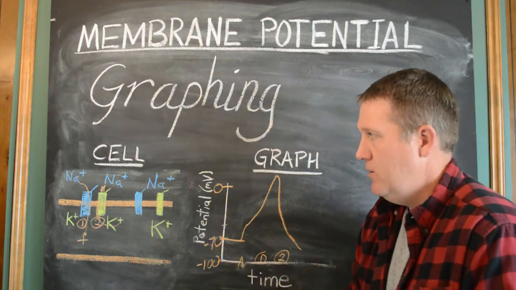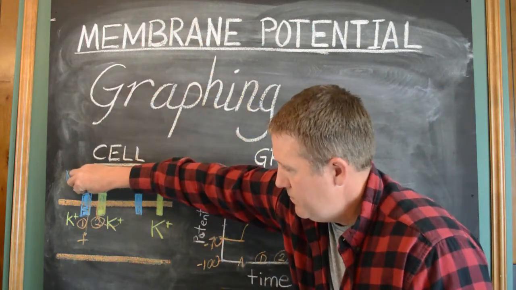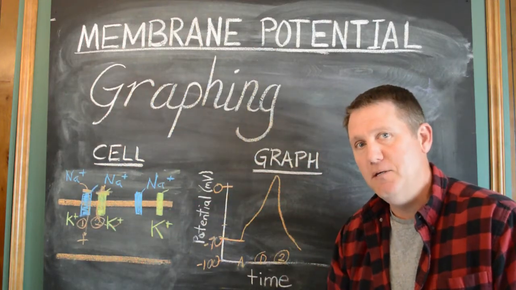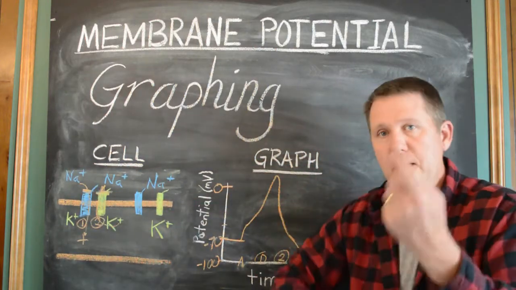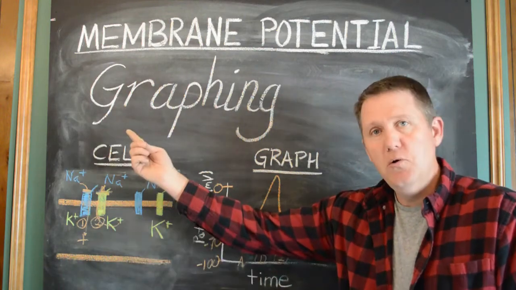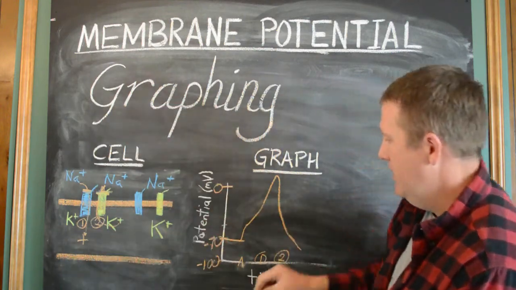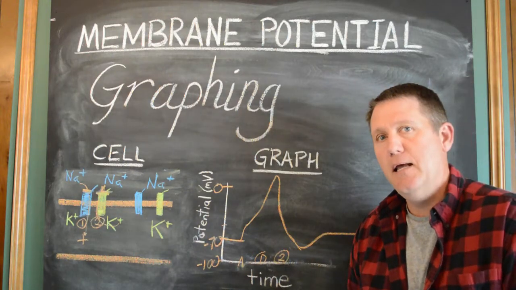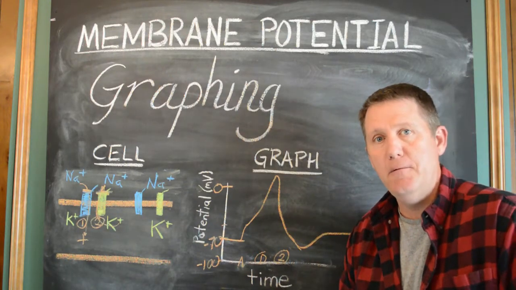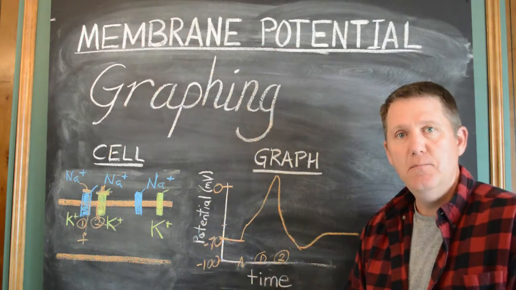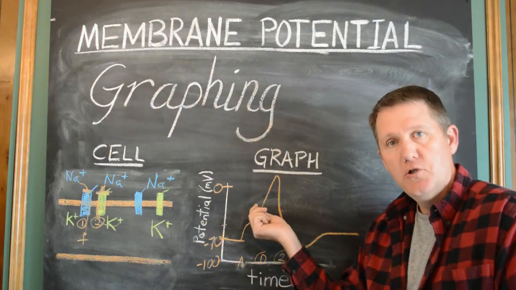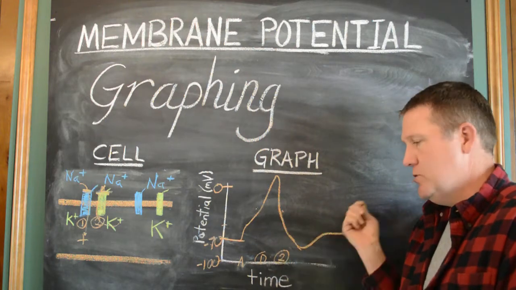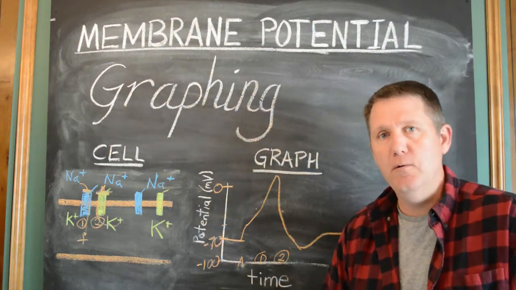Once they're back down here, these close up again, and now the sodium-potassium pump has to start pumping sodium out and potassium back in, and over a little bit of time it gets back to -70 and is ready to go again. There's the action potential. Sodium floods in, potassium floods out, everything closes up, and it goes back to normal.